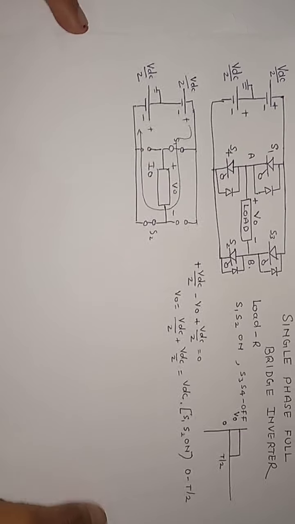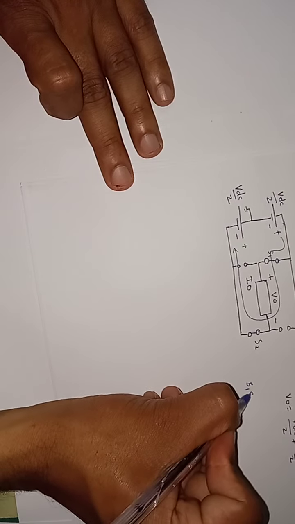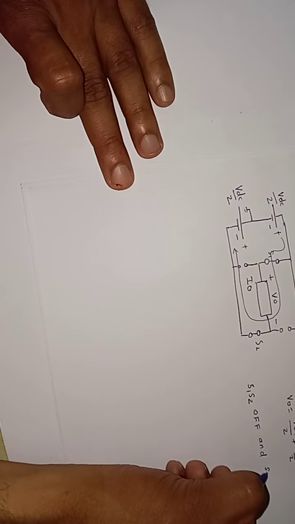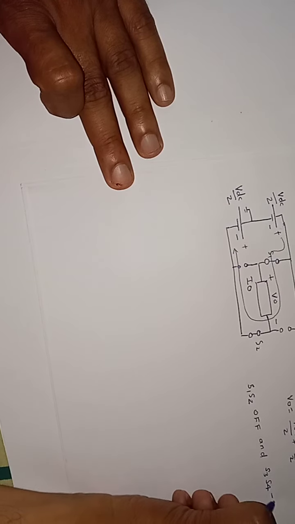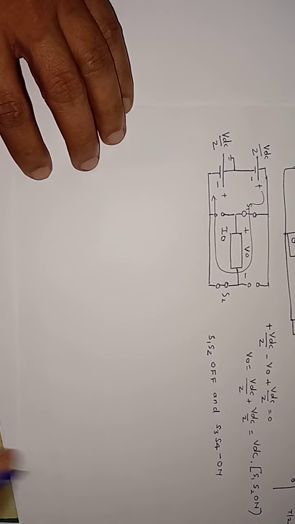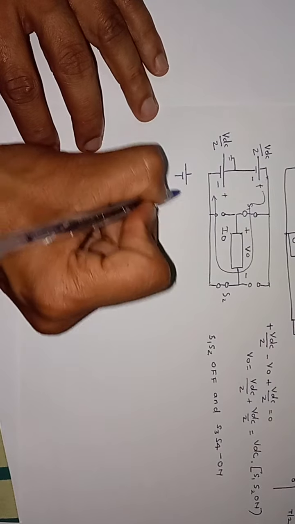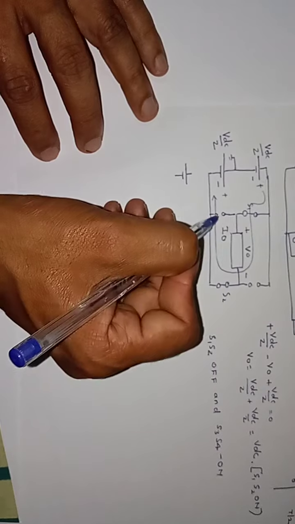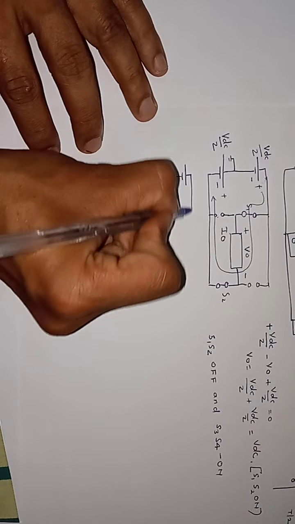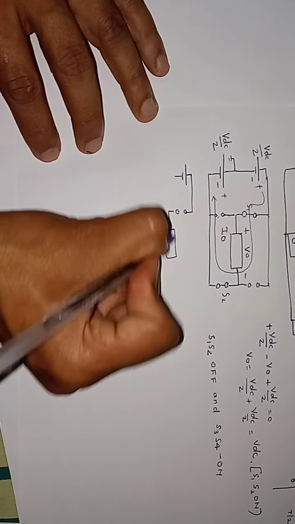Next case, when S1 and S2 are off and S3 and S4 are on. We'll see what happened. We make the circuit again. The same circuit will be there, but this time this switch and this switch will work, these thyristors become short circuit, and the remaining are open circuit.